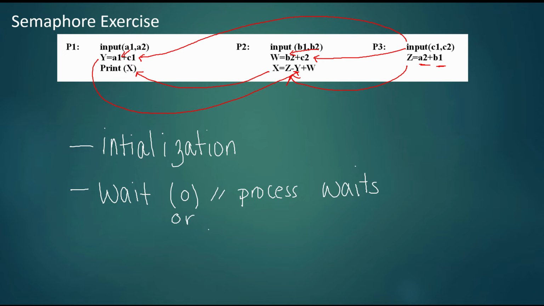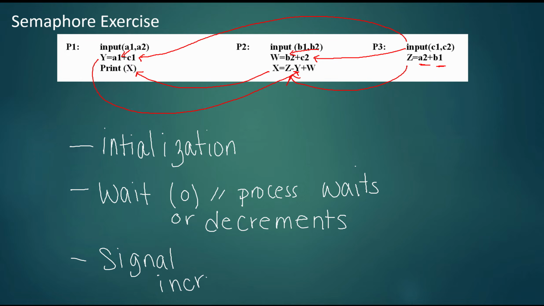Otherwise the process decrements. And with the signal, the process will increment. It will not test, it will just increment. You can go back to the other notes and review how semaphores work, but this is just the gist of what's going on with them.